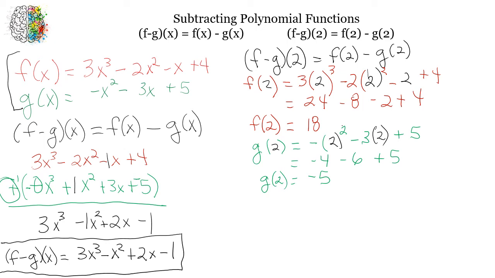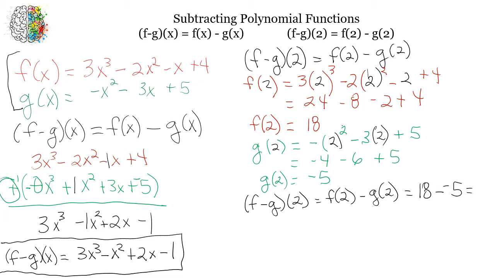So now when I plug that in, that's going to give me f minus g of 2. That's going to be the same as f of 2 minus g of 2. So I'm going to take my f of 2, which was my 18, and my g of 2, which is a minus 5.